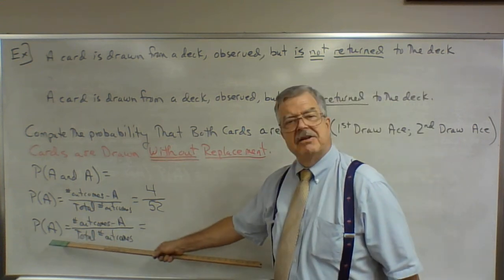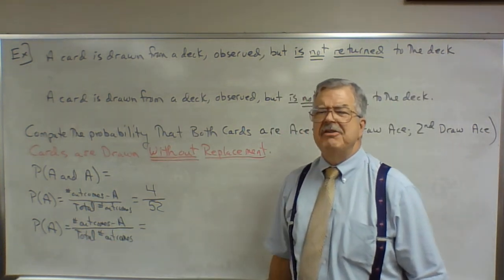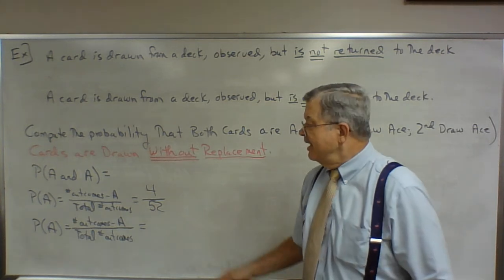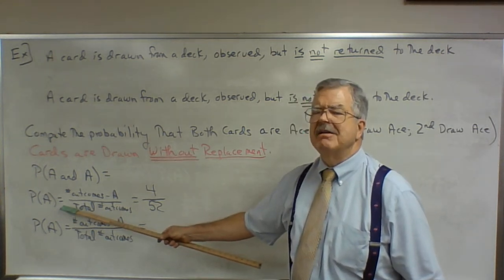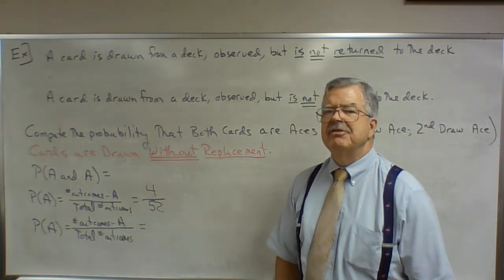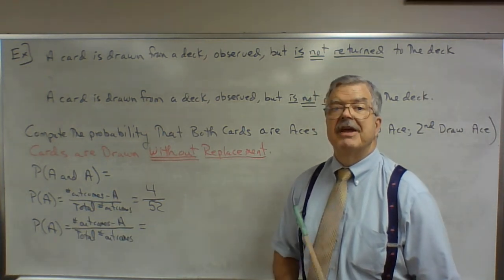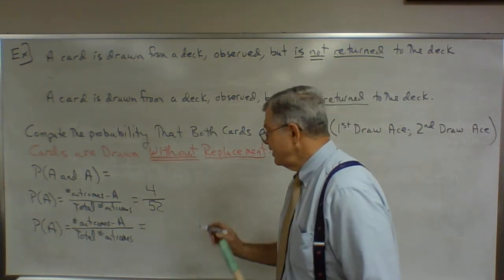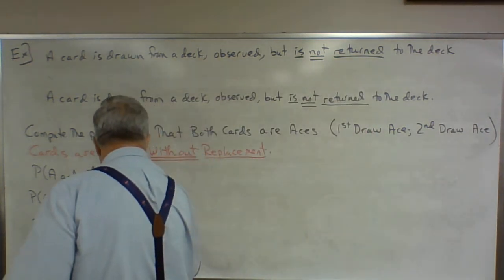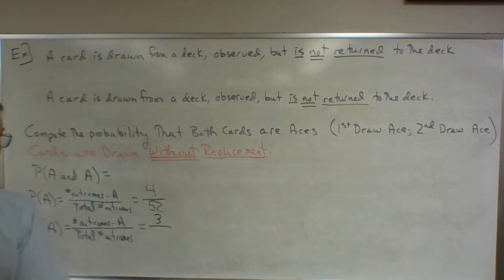So when we're selecting the second card, how many aces are left in the deck? If this first card was an ace and we never put it back in the deck, how many aces are left in the deck when we draw the second card? 3, that's right. Only 3 aces left, so that's the number of outcomes resulting in an ace.